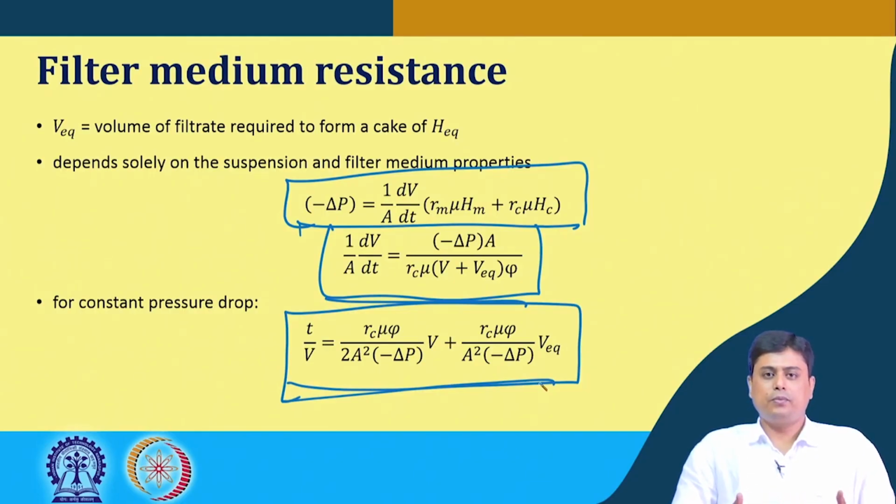We found the time required to process a certain volume of filtrate when the resistance in the filtration is only due to the cake formation, and in the next step we included the filter medium resistance along with the cake resistance to have the total resistance, as is more practical during this filtration process, and the time versus volume of filtrate expression in that case.